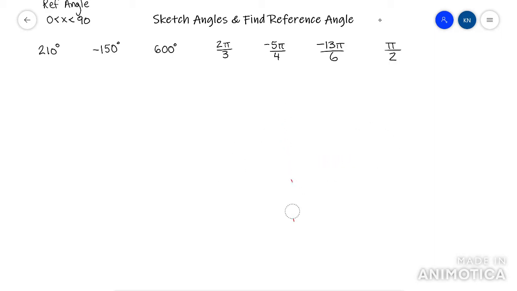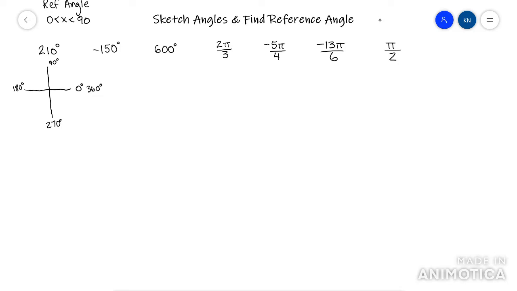So let's just look at some examples. If I had to sketch 210 degrees, it's really helpful to know that this is 90 degrees, this is 180 degrees, this is 270, and then your start is either 0 or 360 degrees.